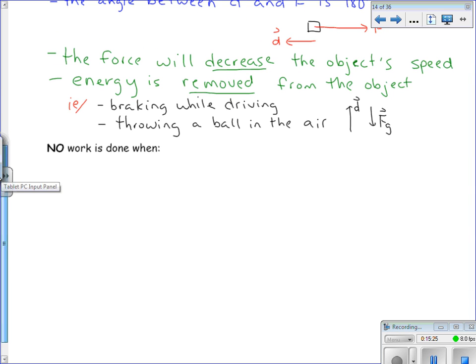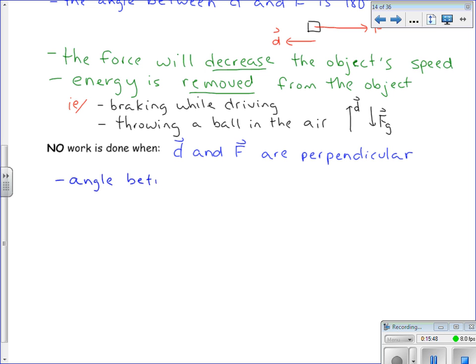Then we have situations where there's no work being done. And this occurs when the displacement and force are perpendicular to each other. So this means that when the angle between displacement and force is 90 degrees, then no work is being done.